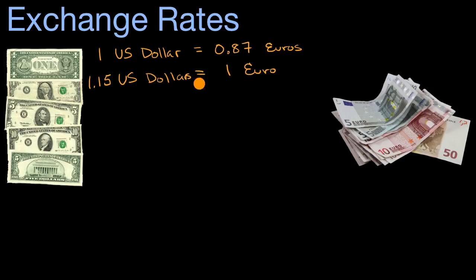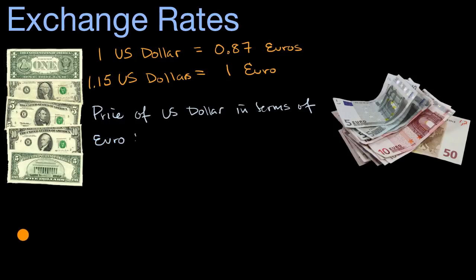And there are other ways of expressing it. You could say, what is the price of a US dollar in terms of euro? So this is how much it would cost to buy 1 US dollar in terms of euros. Well, 1 US dollar is going to cost 0.87 euros. Or you could say 0.87 euros per US dollar.